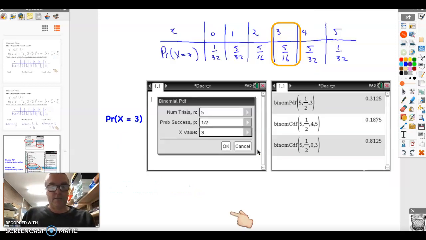So when we calculated the probability that x would be exactly 3, or we'd get exactly 3 heads, as we can see up here in our distribution table, that's when I'm going to use the binomial PDF function. Once I select that function, I'll get a window that pops up. It will ask me for the value of n for this distribution, which is 5, and the value of p, which is 1/2.